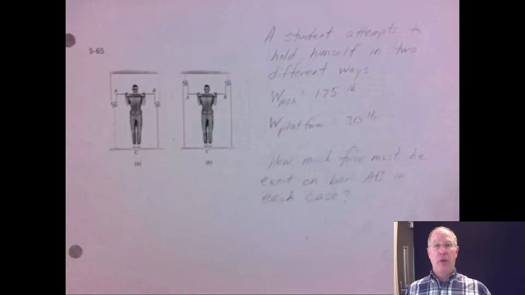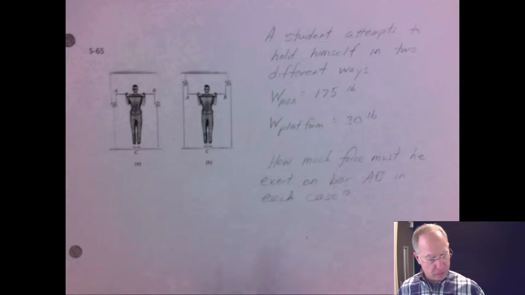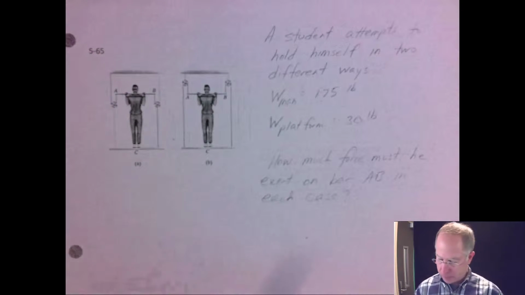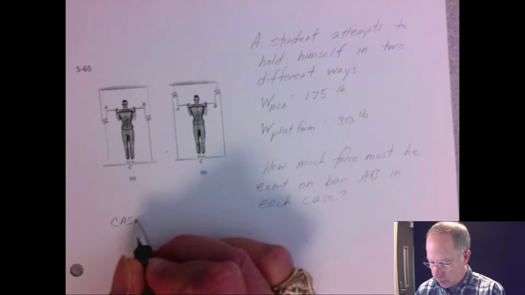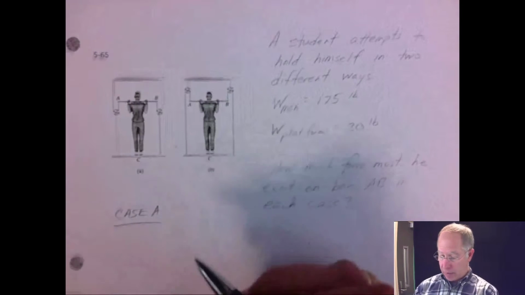So what do we do? We take them apart, explode everything out, and start drawing free body diagrams. So let's do case A. For case A, I'm going to start with a free body diagram of the platform.